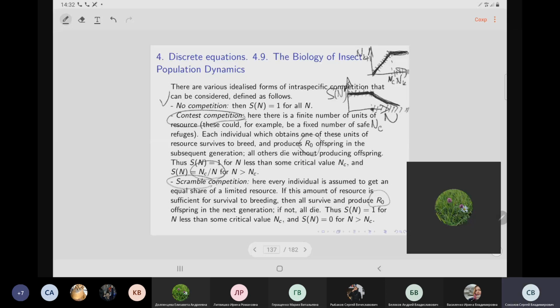But in real life, usually we have a combination of all of these competition types: the contest competition and the scramble competition. So there are no steps like in scramble competition, 0 or 1; it is not good from a biological point of view.